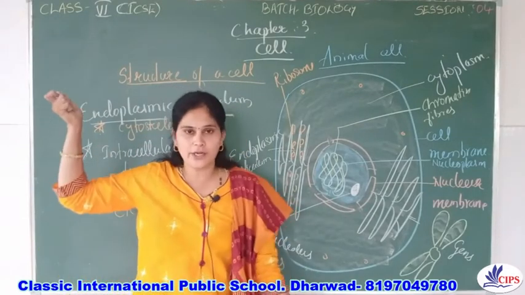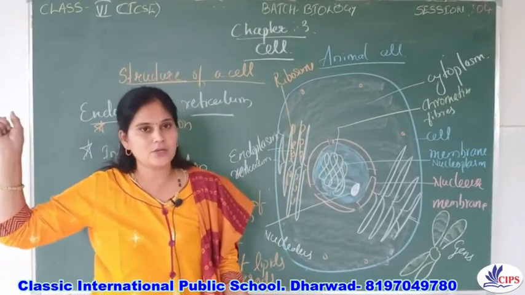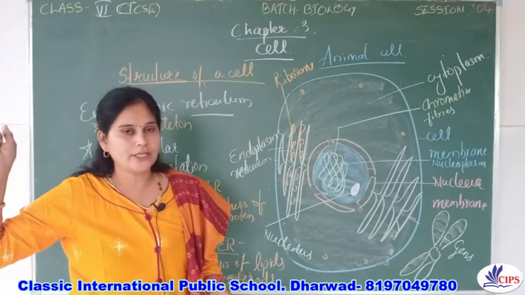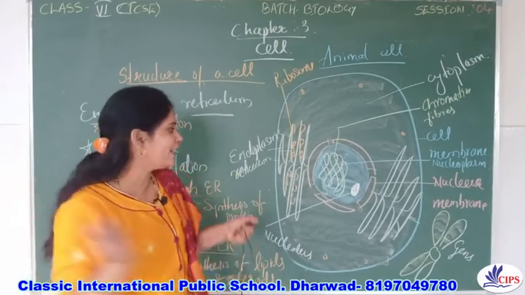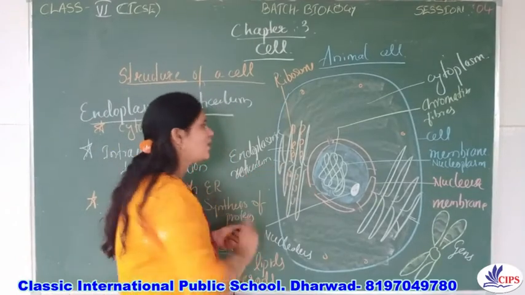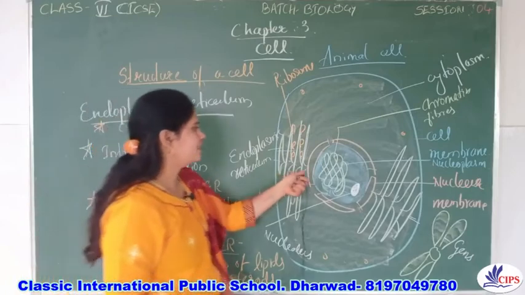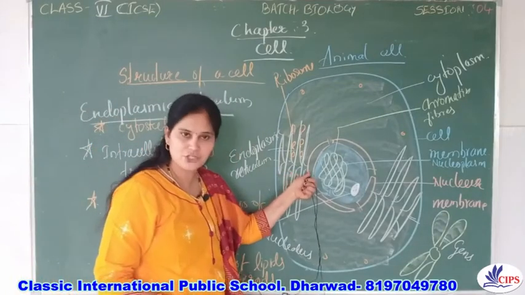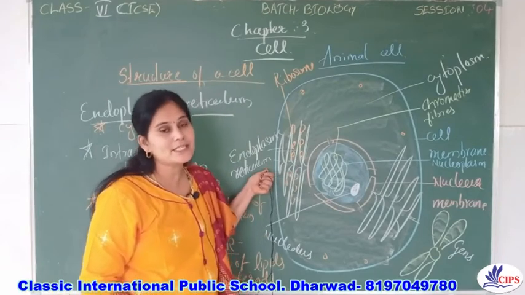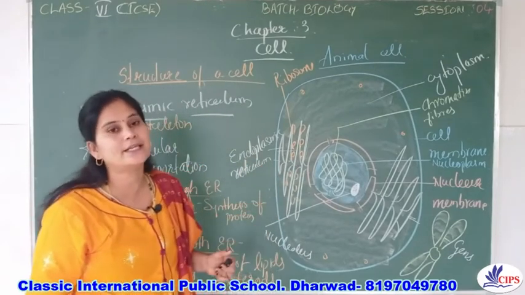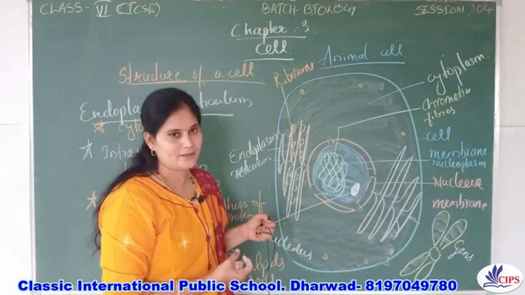It's just like holding, from one hand it is holding the nucleus, and from the other hand it is holding the cell membrane, right? I'm just giving an example. You don't write it is holding the nuclear membrane or the cell membrane. It's just to understand. So when it is attached to the nuclear membrane and also to the cell membrane, it acts as a skeleton. It provides the skeleton to the cell, right?